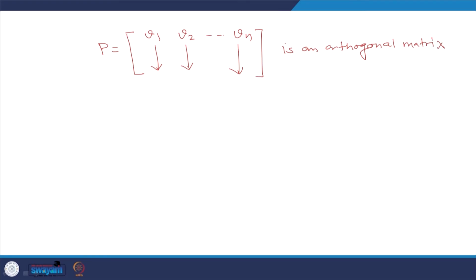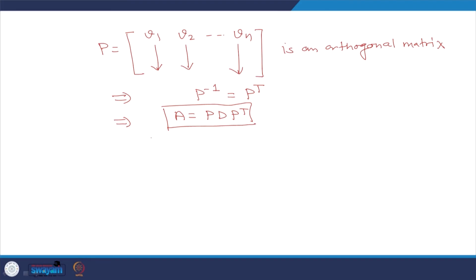So, in that case the matrix P, which has these orthogonal vectors as columns, is an orthogonal matrix. It means P inverse equals P transpose, so the eigen decomposition of A can be written as P D P transpose.